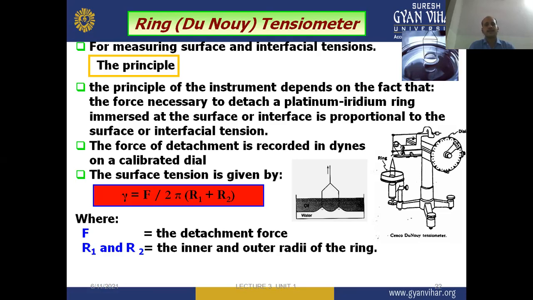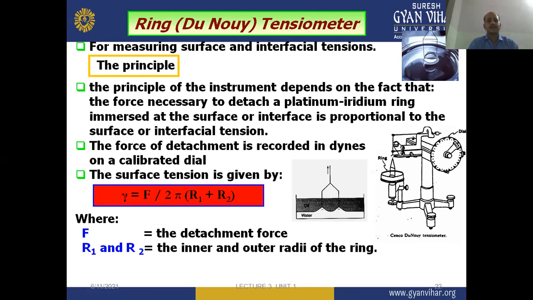Now, what is the principle of the ring tensiometer method? The principle of the instrument depends on the fact that the force necessary to detach a platinum iridium ring immersed at the surface or interface is proportional to the surface or interfacial tension.